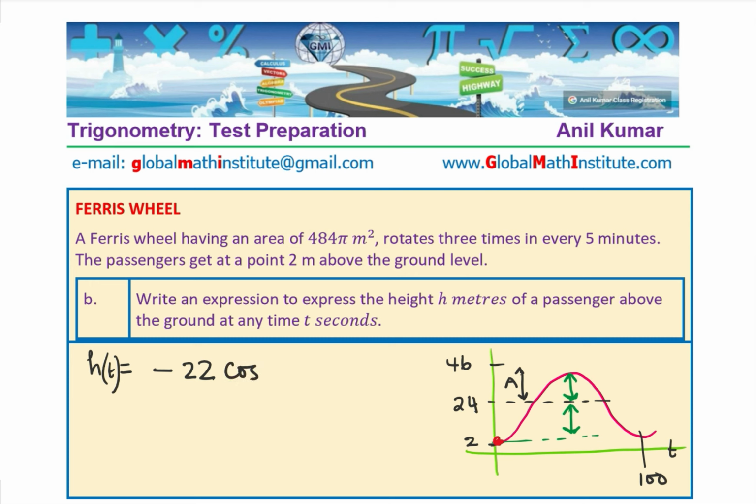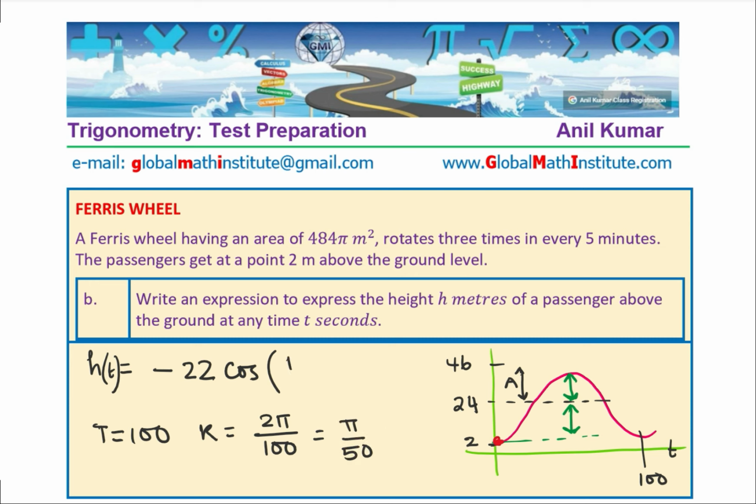Cos of k t. The time period is 100, right? So if the time period is 100, what is the value of k? k will be 2 pi by 100, which is pi by 50, correct?